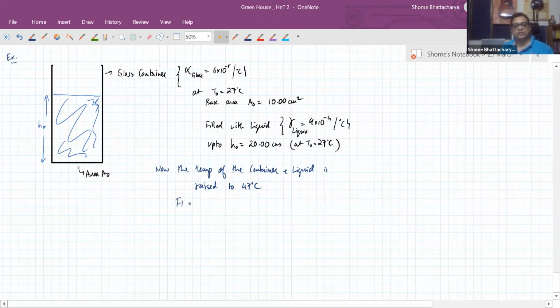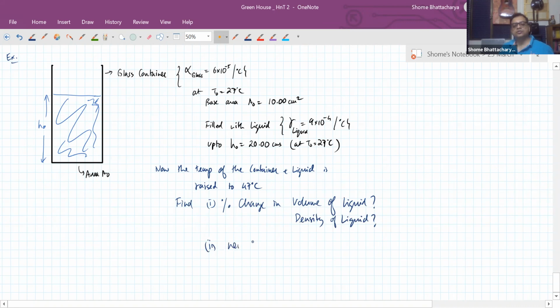So first of all, find the percentage change in volume of liquid and density of the liquid. And secondly, the new height h of the liquid at the temperature of 47 degrees.